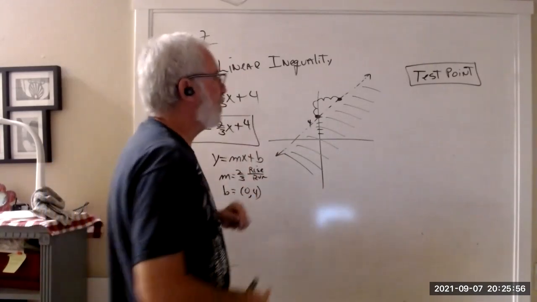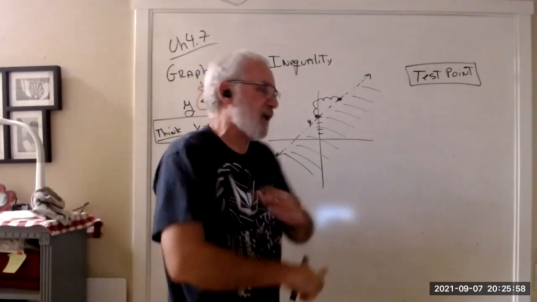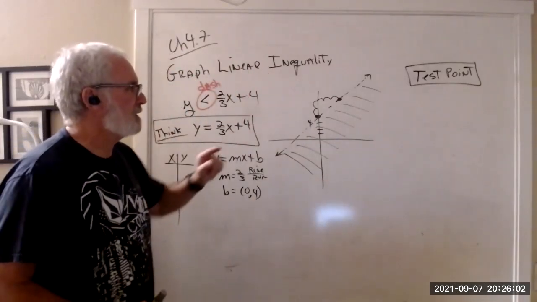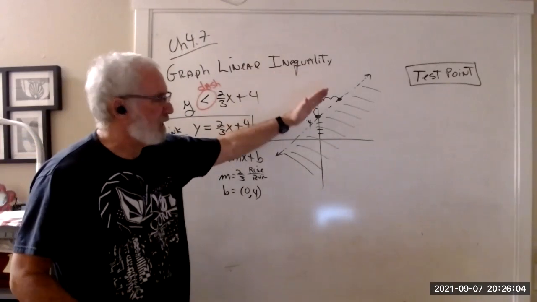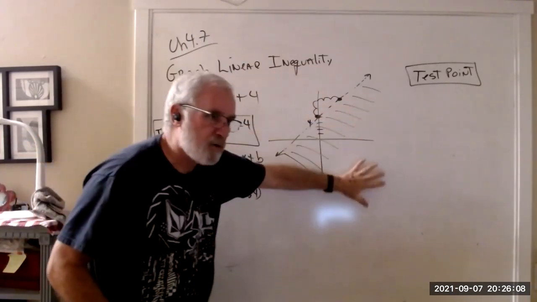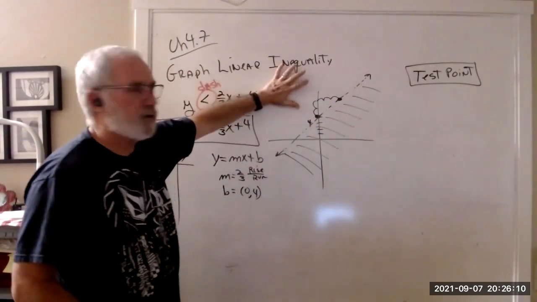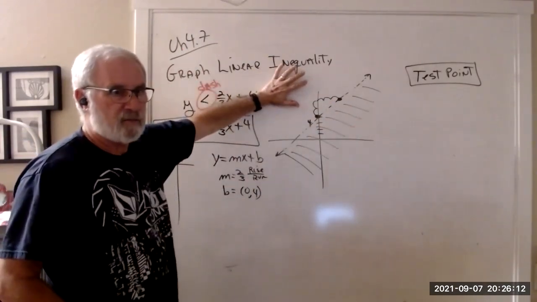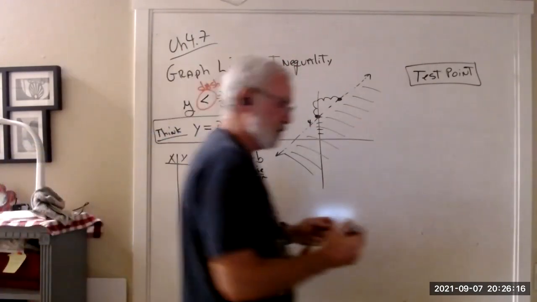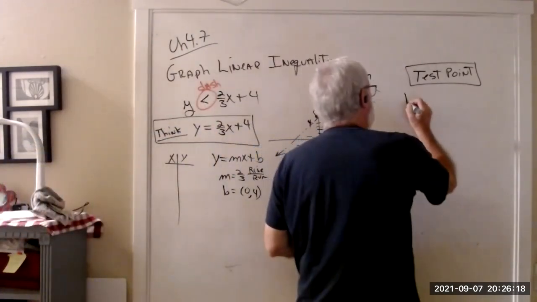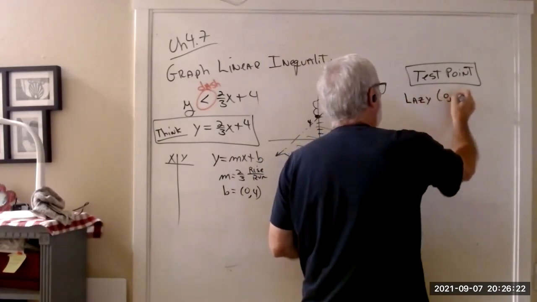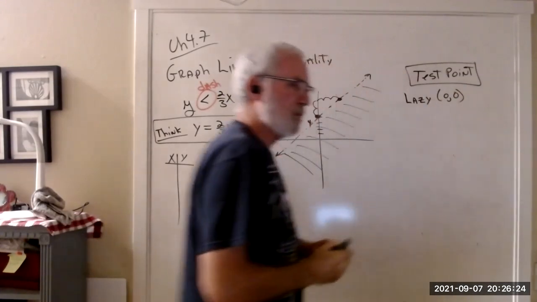Okay, so the test point says pick any point you want that's not on the line itself. So you got 1 billion points over here you can pick, or 1 billion points over here you could pick. Okay. I suggest that you pick the lazy point of 0, 0.